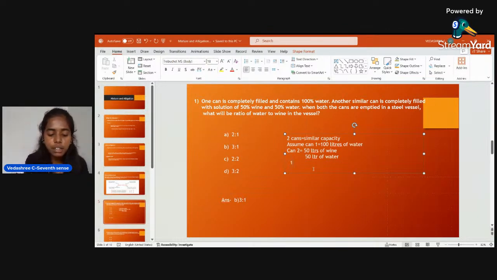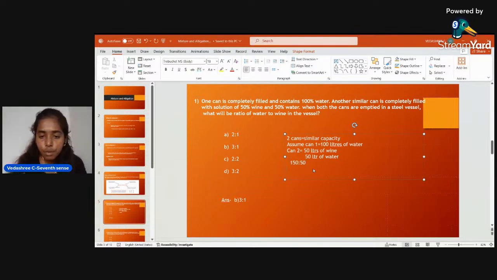To find the ratio, we write 150 is to 50. 150 divided by 50 is 3, and 50 divided by 50 is 1. So the ratio of water and wine in the vessel is 3 is to 1.